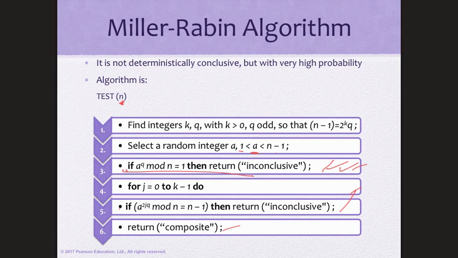So that's basically how the Miller-Rabin algorithm works. Again, I just want you to know that there is such an algorithm, that it is non-conclusive in saying it's a prime number, but it is conclusive in saying it's not a prime number. It works on two conditions. If one of them is true, then the number might be a prime number, and I don't need to test the other one.